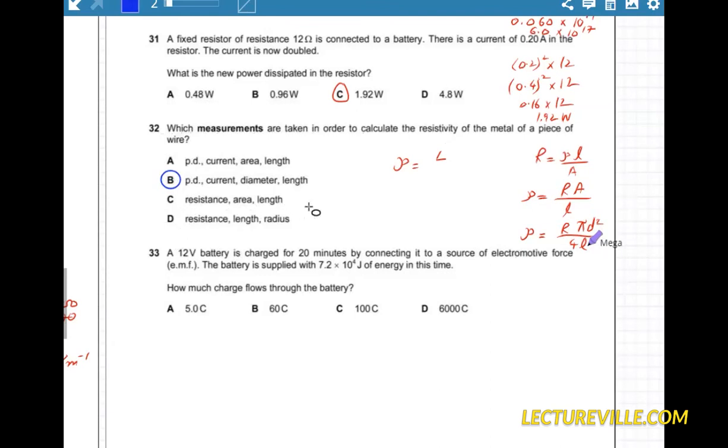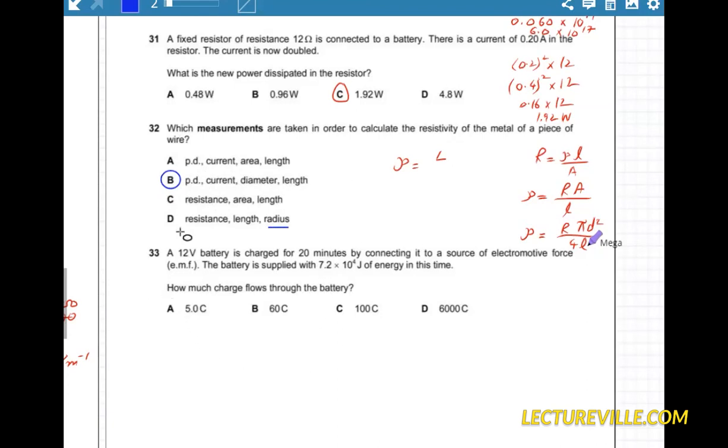We never measure radius. We measure potential difference. We don't measure resistance. We measure potential difference and current and then calculate resistance. We measure diameter because every instrument that we use in lab measures diameter. And then we measure length and perform the experiment.